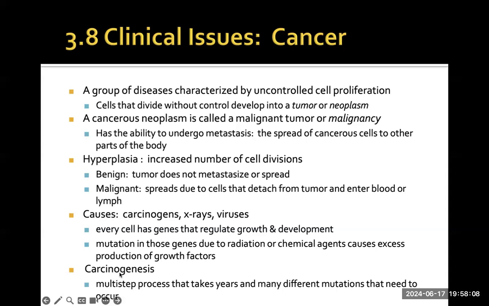So carcinogenesis, which is the creation of cancer by carcinogens, is a multi-step process that takes many years and lots of mutations in order for it to occur, which is why so many teenagers used to smoke 30, 40, 50 years ago because they had no idea that it was a carcinogen and it would affect their body a long time down the road. It took many years for the mutation of their cells to take place in order for them to develop things like lung cancer.